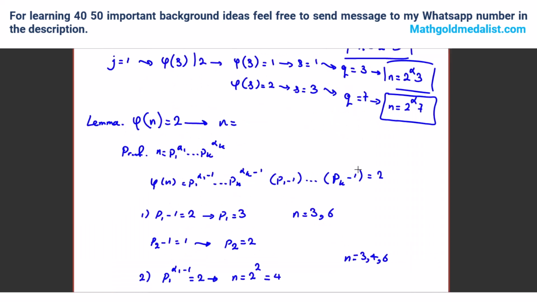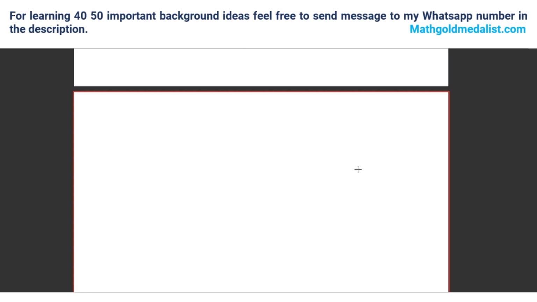Okay, so let's see. Suppose, and we can say p1 less than p2 to pk, right? And we can say phi of n.